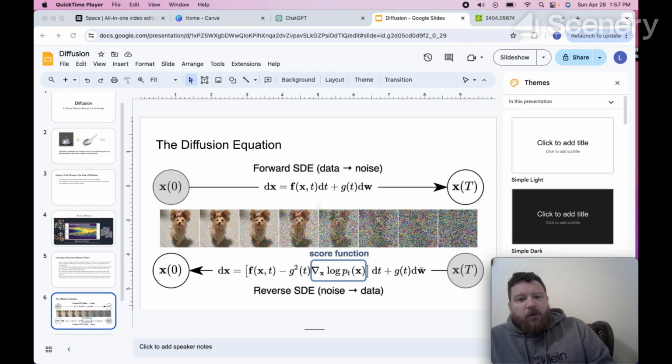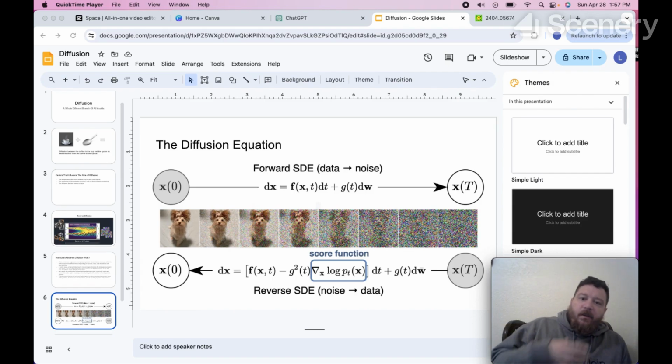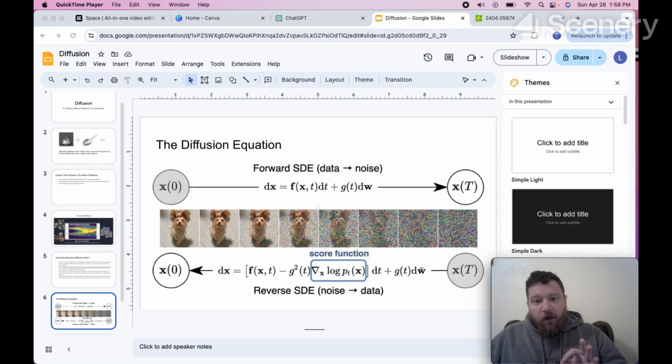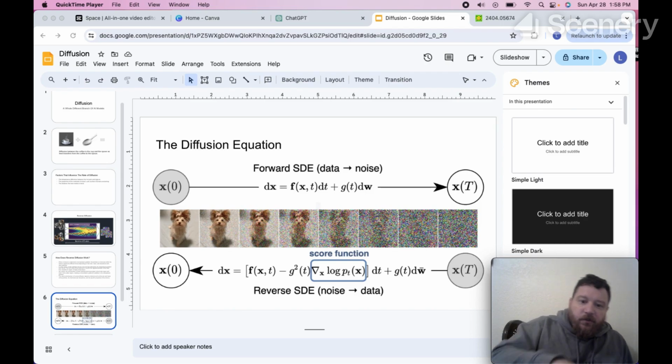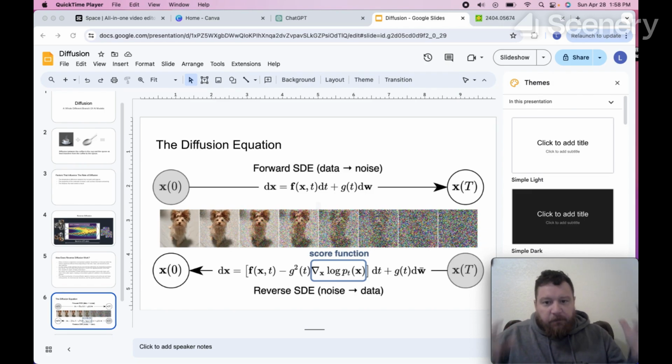The next concept to understand is that all of this is derived from mathematics and from a singular equation, the diffusion equation. The diffusion equation is essentially the same for forward diffusion and reverse diffusion. If you notice here, in both of these equations, the forward and the reverse, we can see dx equals f(x,t) times dt.